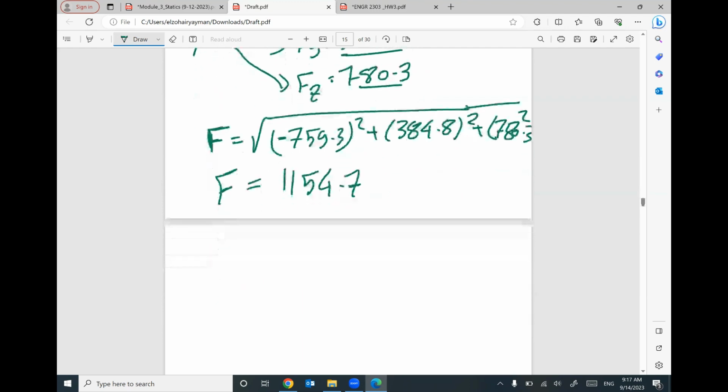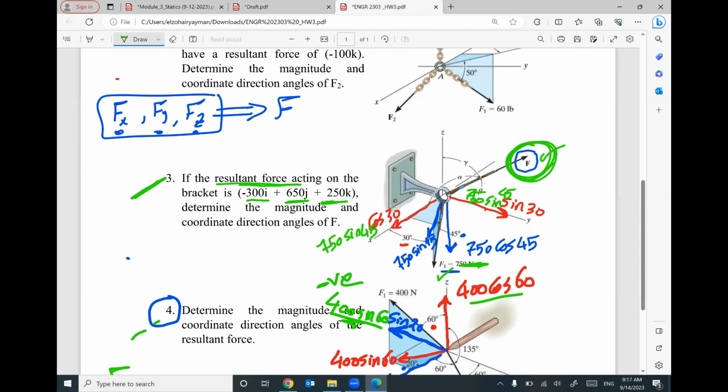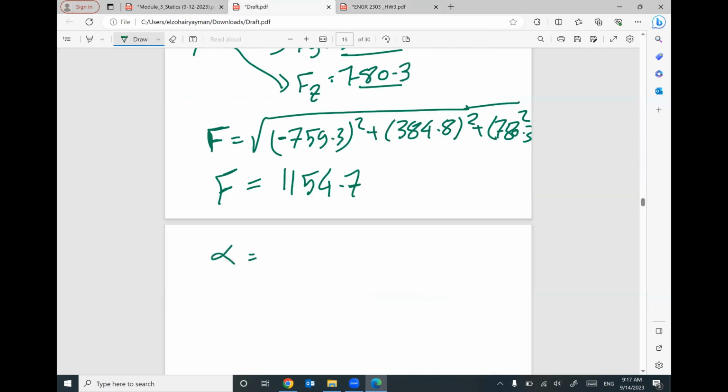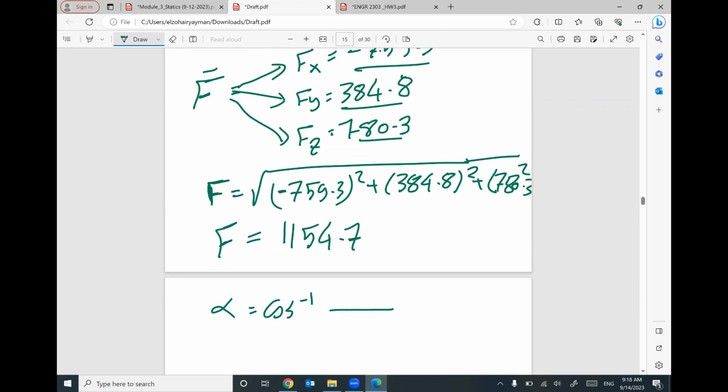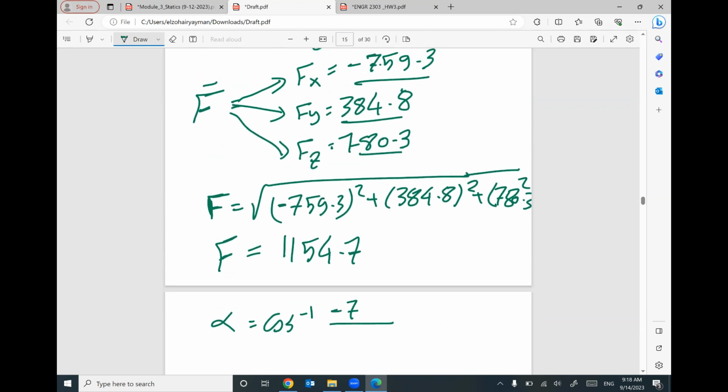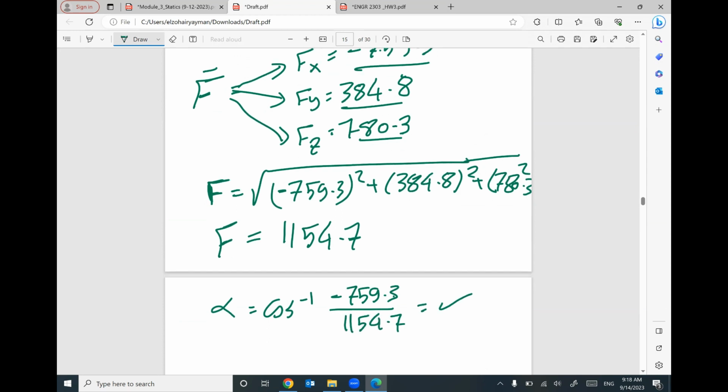If you would like to figure out the three angles, alpha, beta, gamma, for this force, which is not given, alpha equals inverse cosine of the x component of this force, negative 759.3, divided by the force itself. So I can find alpha.